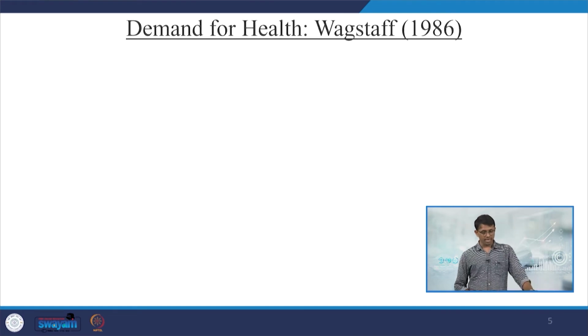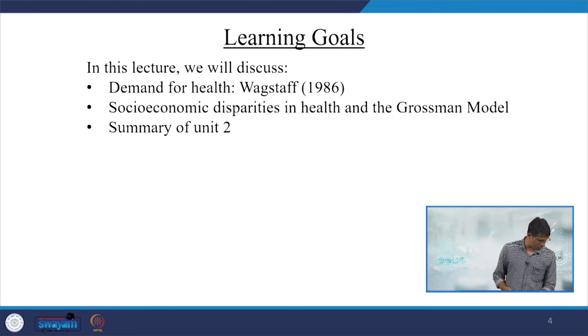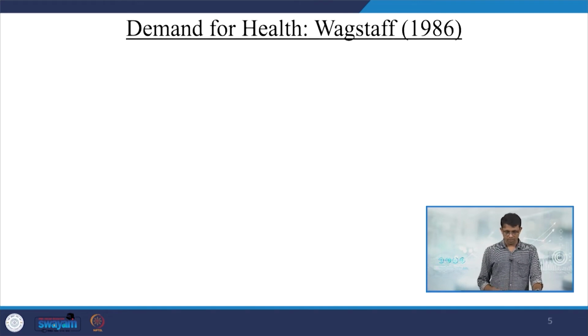We will also be summarizing the entire week, since this is our 10th lecture and that is the end of week unit number 2. We will be summarizing the entire week's lectures. Here is the Wagstaff model of demand for health.